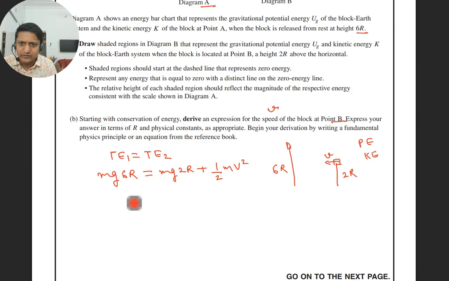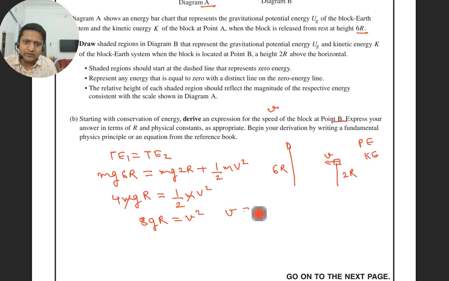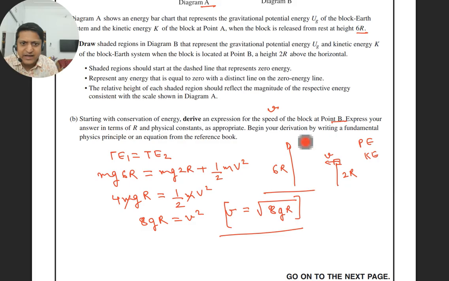So this will go to the other side, it will become 4mgr, since 6 minus 2 is 4, equals half mv squared. With m and m going off, this will multiply here, 8gr equals v squared. So v will be root of 8gr. So this will be the speed at point B.